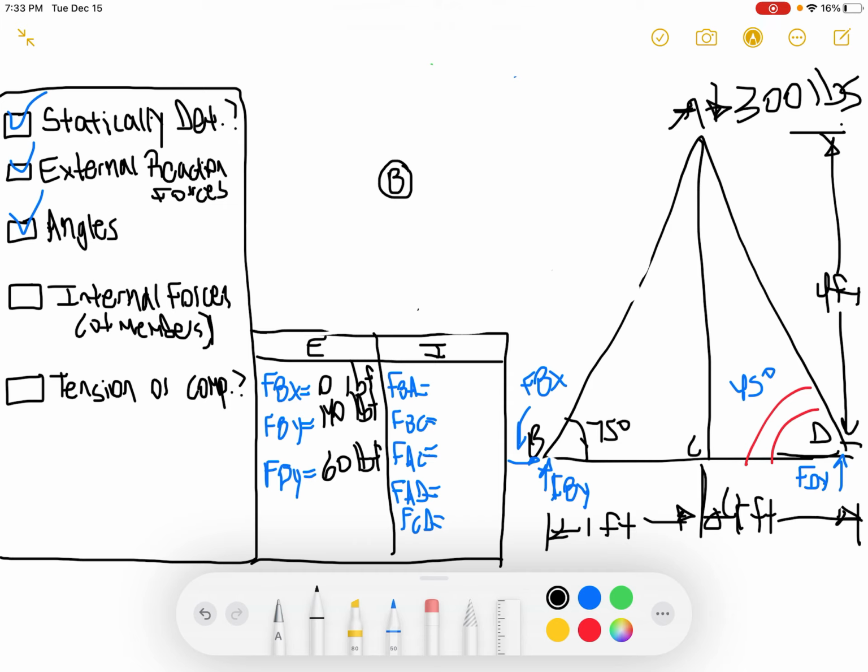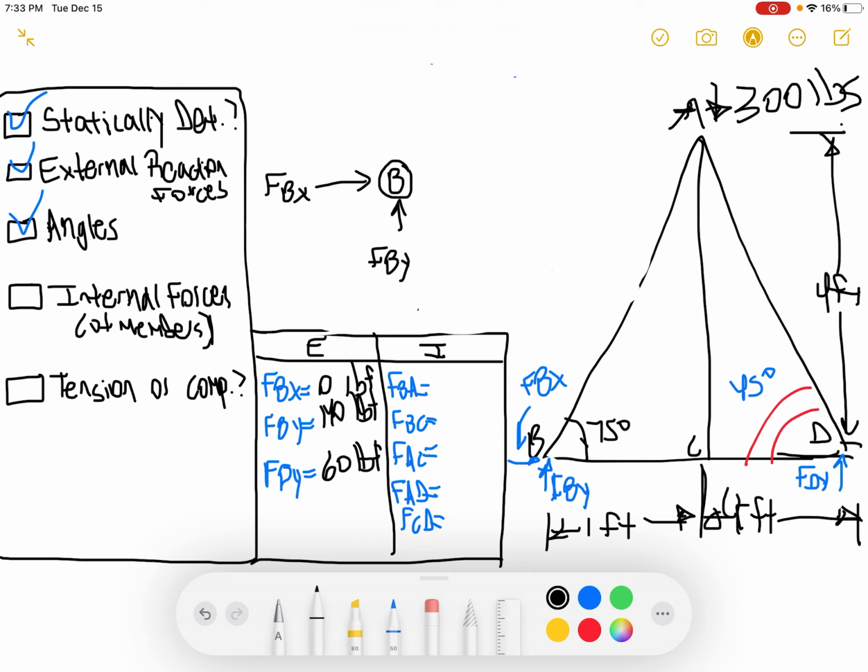What are the forces? Well, we already have 2 forces that are the external forces. They're drawn towards the joint. So that is FBX and FBY.